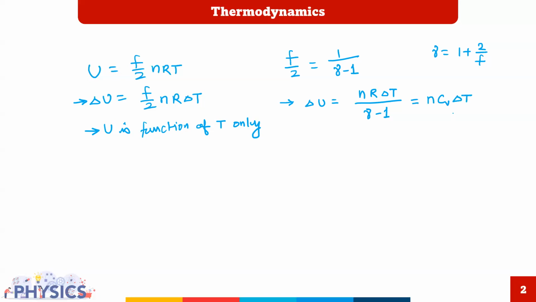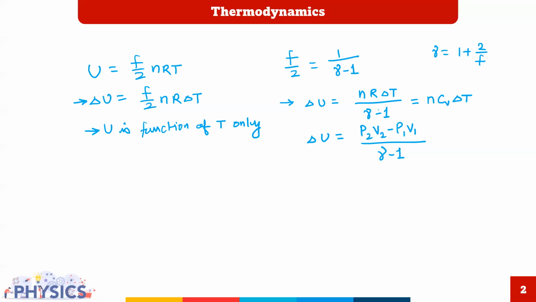Later we are going to derive this. Then nR delta T can always be written as P final V final minus P initial V initial, so I can write this as P2 V2 minus P1 V1 divided by gamma minus 1. These are the different formulas for the change in internal energy of the gas when temperature is changed.